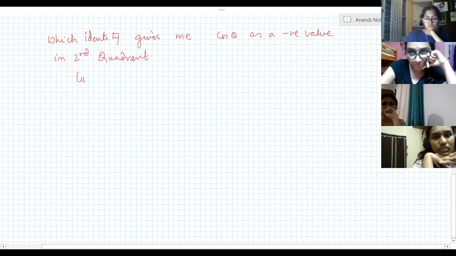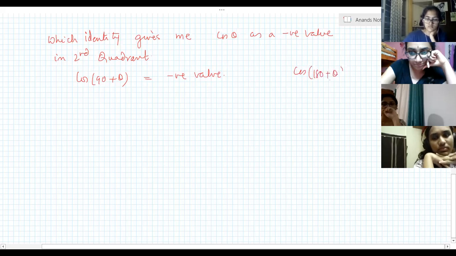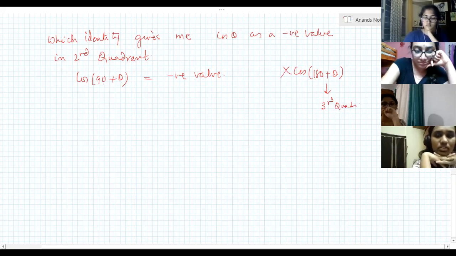That means cos of 90 plus theta is going to give me a negative value, because 180 plus theta too. Cos of 180 plus theta also will give you a negative value of cos. But that we are not choosing because that will belong to the third quadrant and cos is only between 0 to pi. So I don't want to use this. I'll use this identity. I know cos 90 plus theta is minus sine theta.